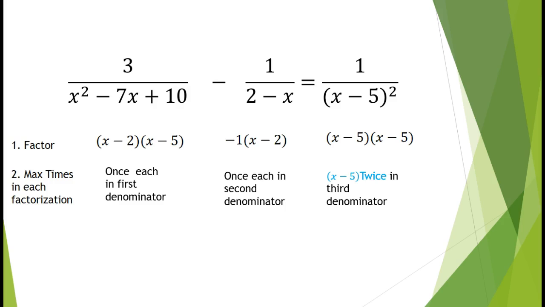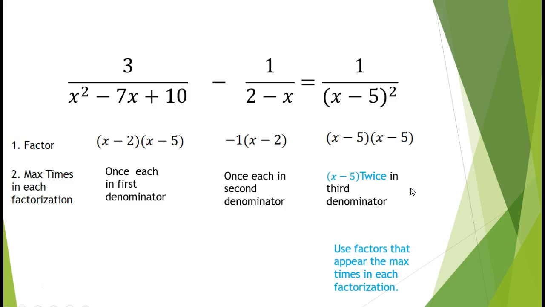Now, we're going to look at the maximum number of times each factor was used in each factorization. In the first expression, x minus 2 and x minus 5 were each used once. In the second denominator, -1 and x minus 2 were used once each. But in the third denominator, x minus 5 was used twice.